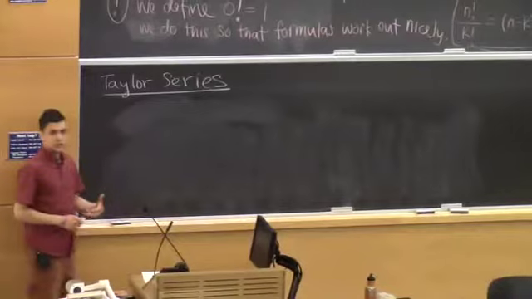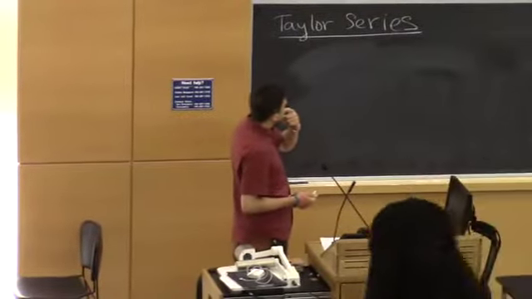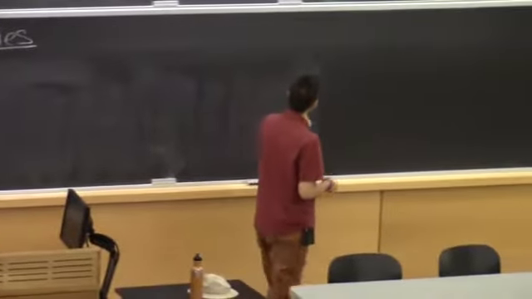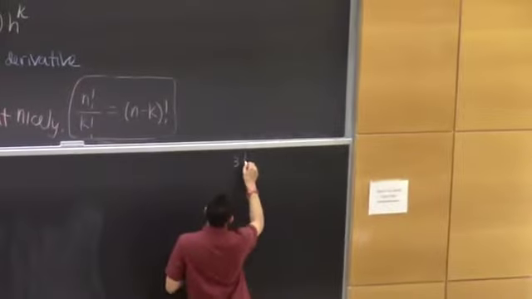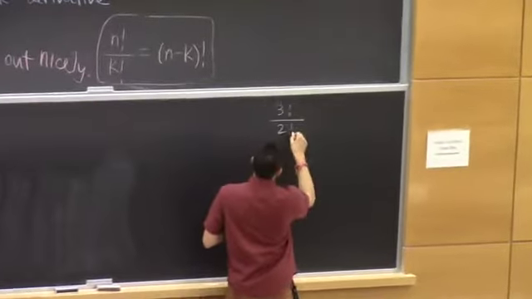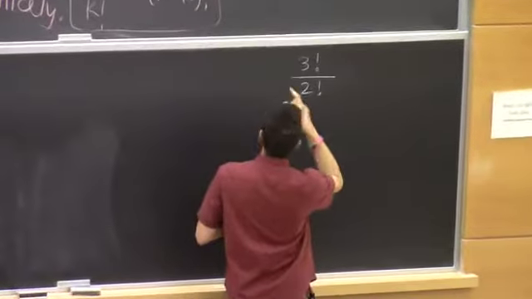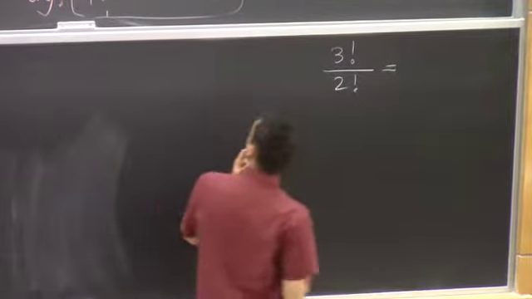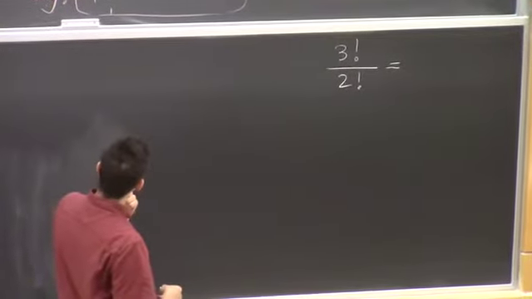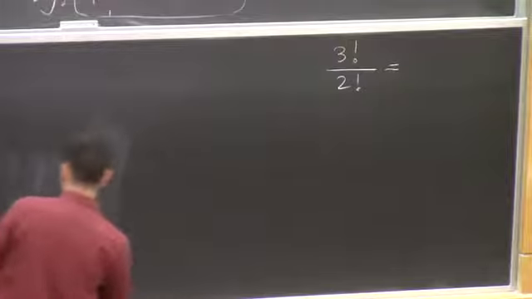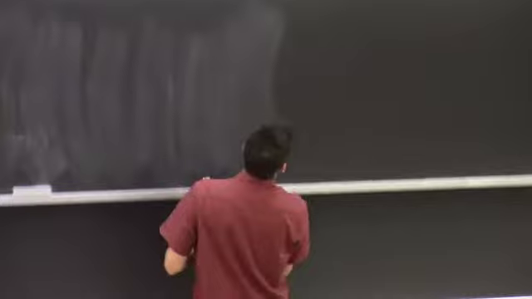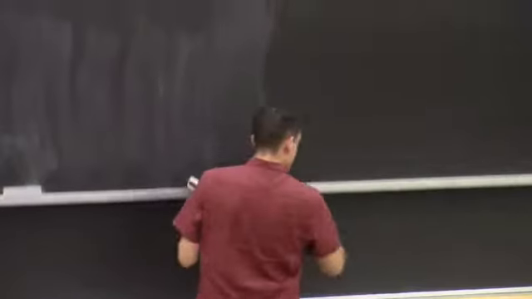Now we'll talk about the, oh, yes, sure. Are you sure that formula is correct? Because it doesn't seem correct. Let's see, does it work? Let's take 3 factorial over 2 factorial. Oh yeah, that doesn't actually work. Sorry, what do I want there? I guess I want to multiply them. No, sorry, let's scratch that. What do we get here?